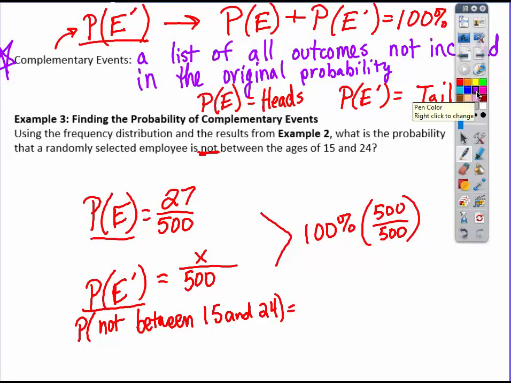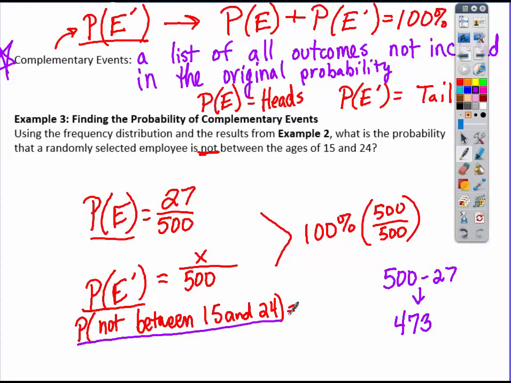So I simply just do the math. 500 minus 27. This is going to turn into 473. So therefore, the probability they're not between 15 and 24 is 473 over 500. That is the complementary event to the probability they're between 15 and 24.